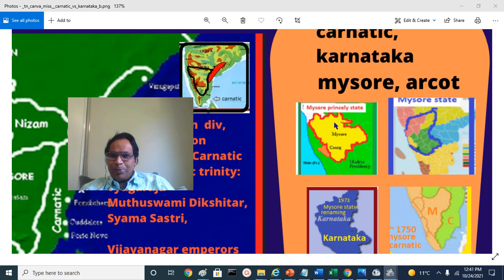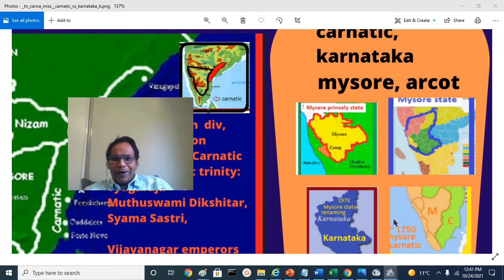So that is the princely state of Mysore ruled by the Wodeyar dynasty, and Coorg was also attached to it to a certain extent, more or less. The Mysore state, an amalgamation of Mysore and Madras-area Karnataka, Bombay-area Karnataka, Hyderabad-area Karnataka, changed its name to Karnataka state in 1973.